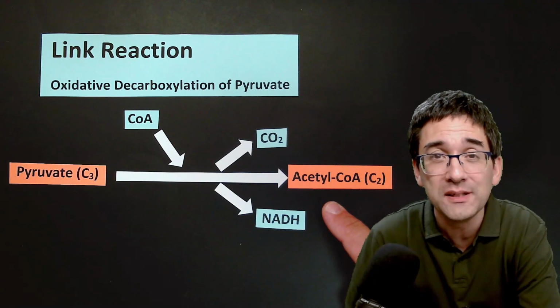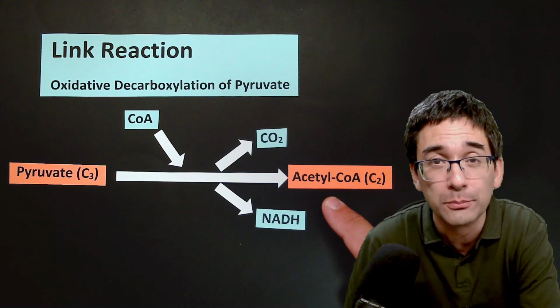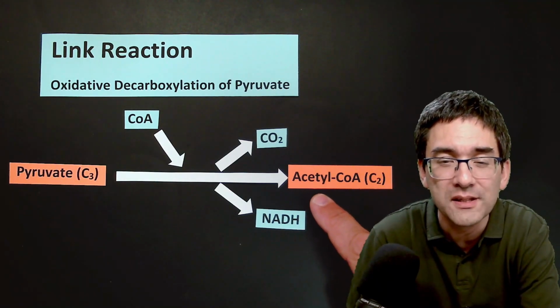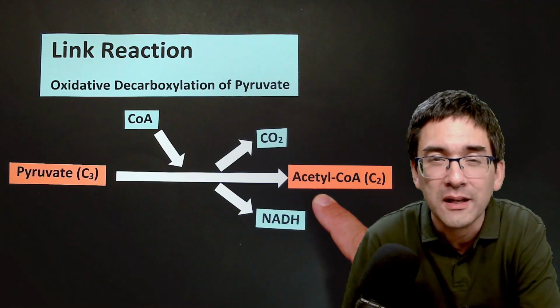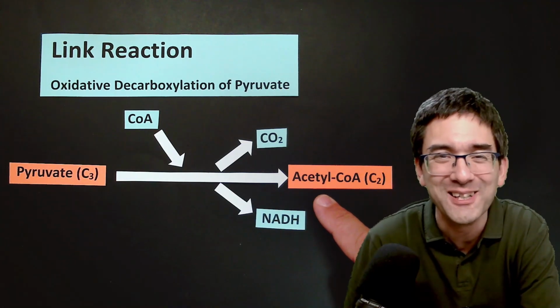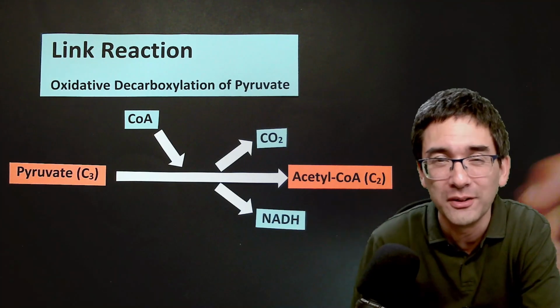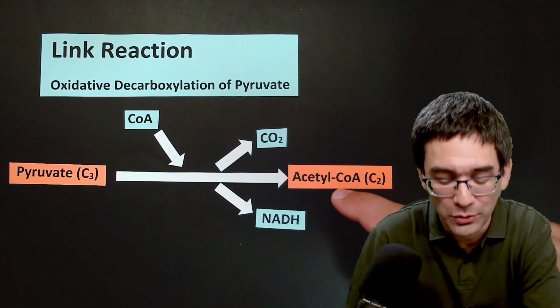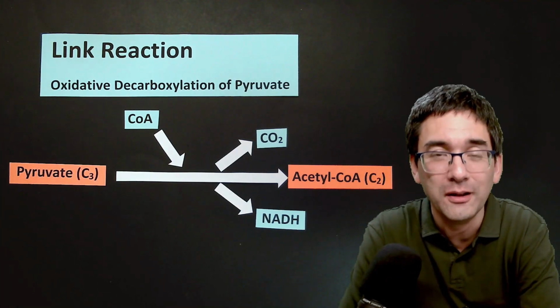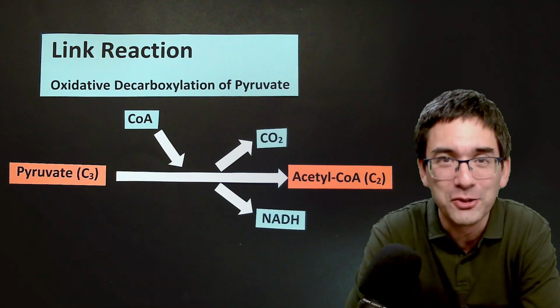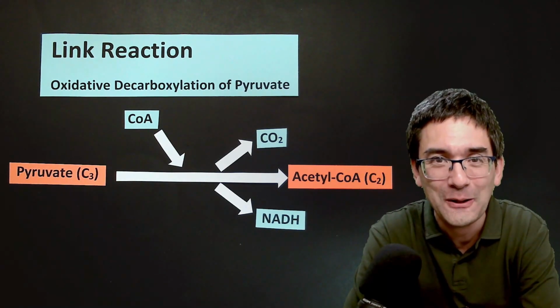And what happens is that those fatty acids are broken down into 2 carbon pieces, and then acetyl coenzyme A is made. I have to tell you this because occasionally there is an exam question that asks, how are fatty acids broken down? And now you know that fatty acids are converted to acetyl coenzyme A. Yeah, and you know what I have to tell you right now? We're finished. This was the link reaction.